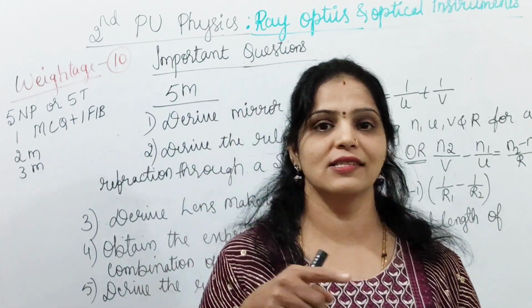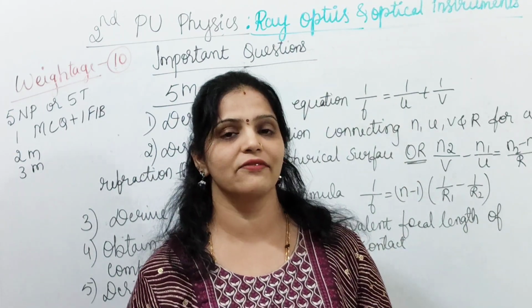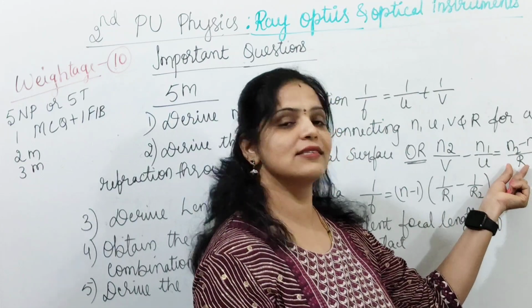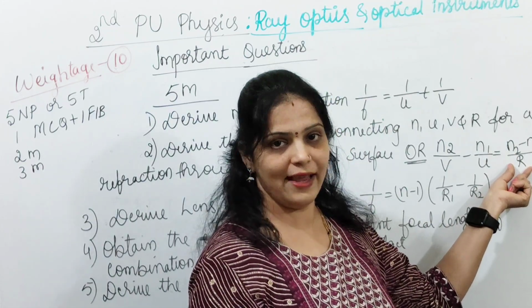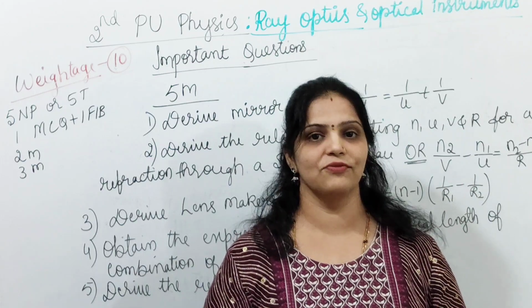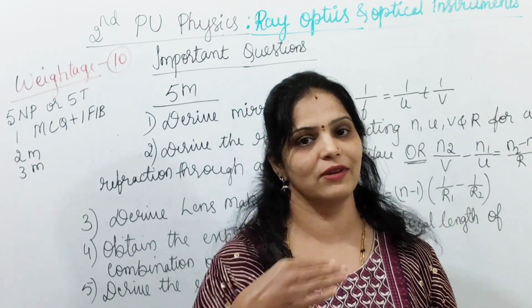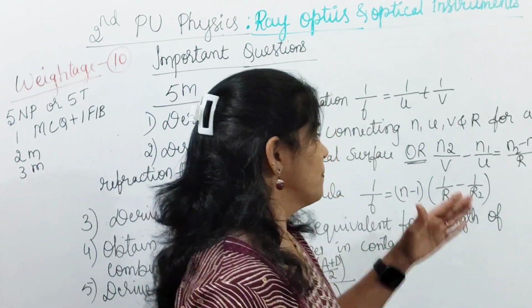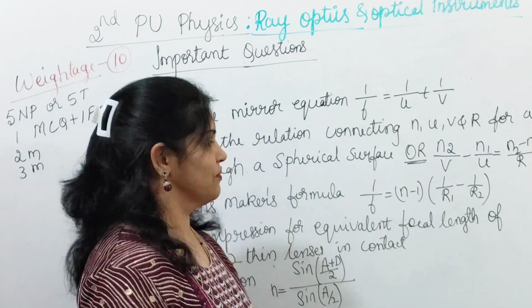Here we use one convex refracting surface whose radius of curvature is capital R. Arriving at this relation carries 5 marks, 1 mark for the diagram and 4 marks for the steps. So please practice this question.